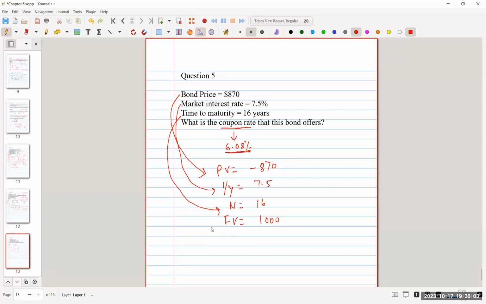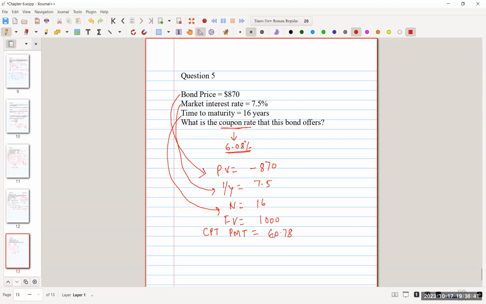Only one out of the 5 time value variables is left. Can you give me the readout from your calculator? What's the payment? Right, yes. So that's what I got as well, 60.78.